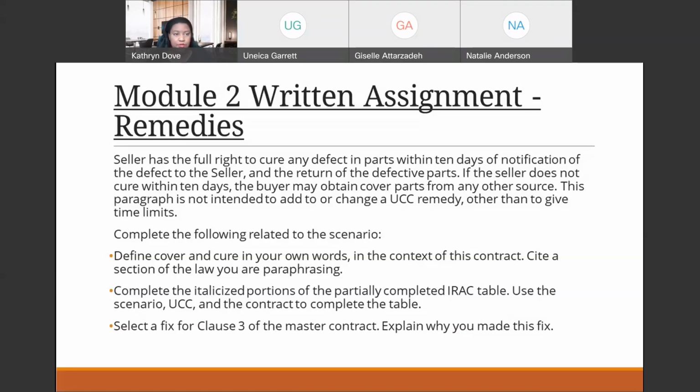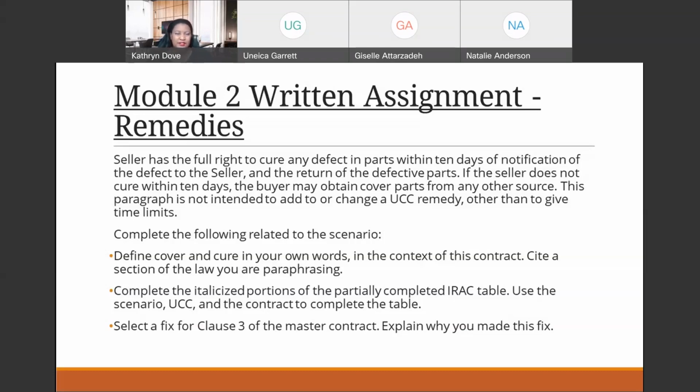You do not need to write an essay repeating what's in the IRAC table unless you want to. The next part of the assignment is just to simply write a paragraph fixing clause 3 of the master contract. So the easiest way to do this would simply just be to answer those questions in a double-spaced document and follow the Blue Book format. Does that clear up any questions?